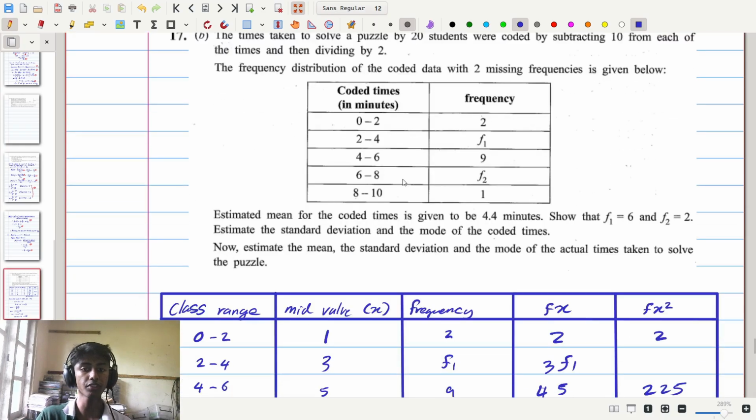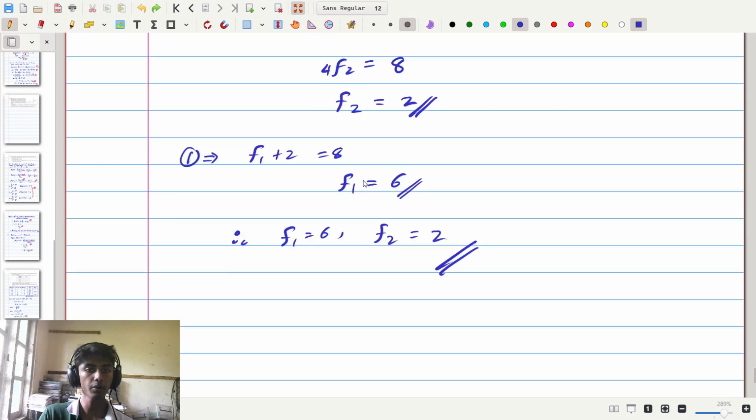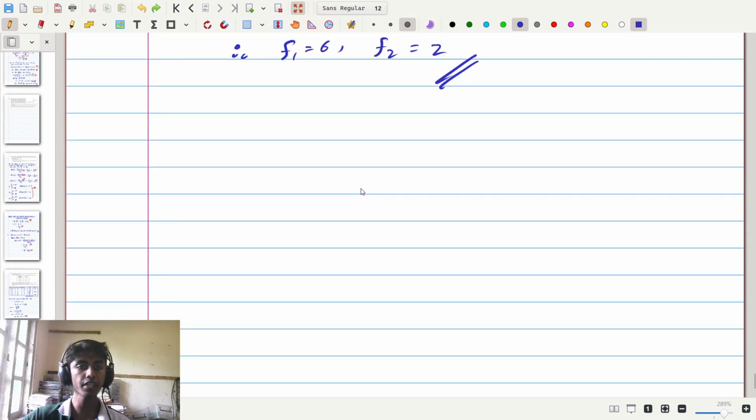After that, the question says, estimate the standard deviation and the mode of the coded times. If we start with the standard deviation, we can say standard deviation squared, or variance, is equal to sigma fx squared divided by sigma f minus the value of mu squared, or mean squared.